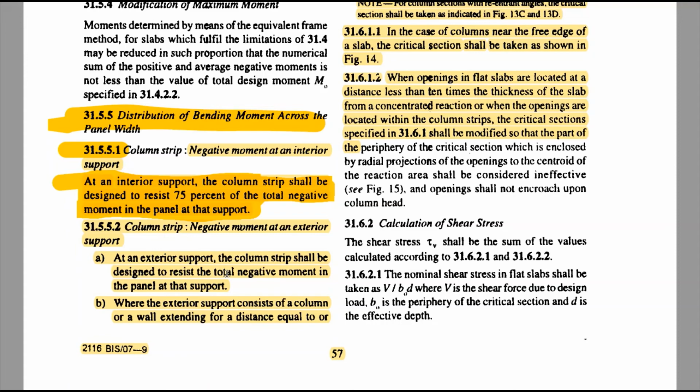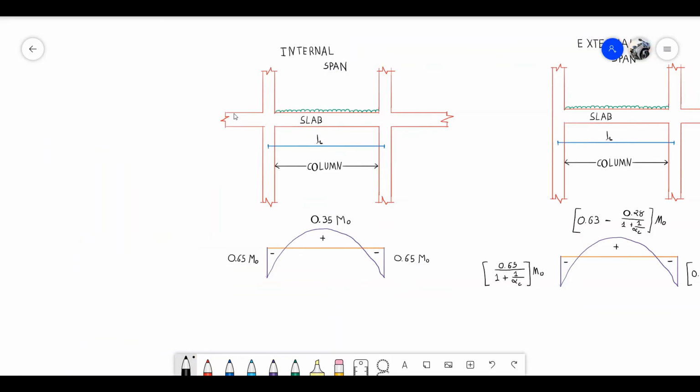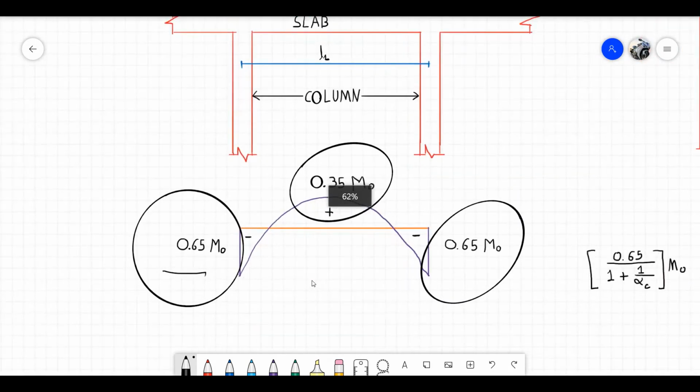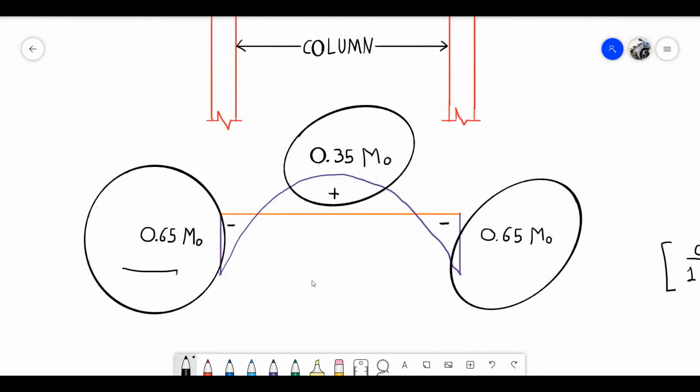I will explain it this way in the calculation. Look here, let's zoom in. 0.65 is the moment. So I can say there is 65% negative moment at the end and 35% positive moment at the center. By this graph you can see this; we read these things in the IS code.